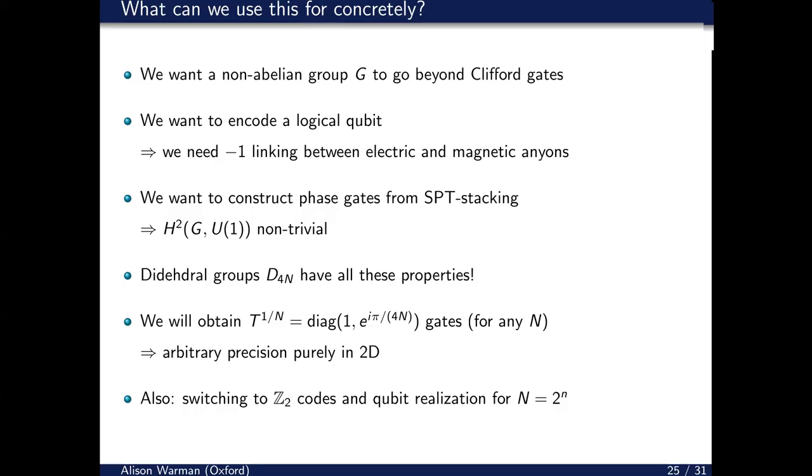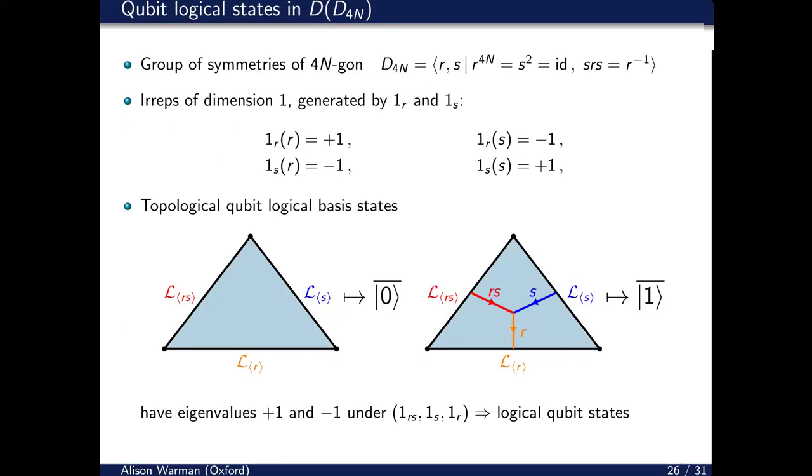These use interfaces very similar to the ones we've seen for the phasors. And if the order of the dihedral group is a power of 2, we can also implement all of this just in terms of qubits, of physical qubits on the lattice. Now, let's see how the logical states are concretely implemented for dihedral groups.